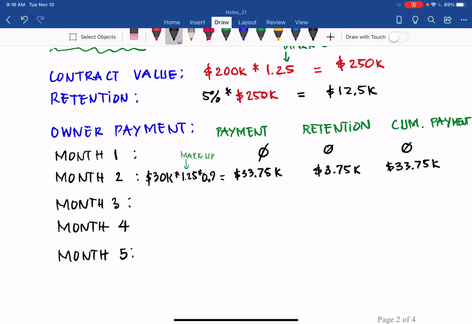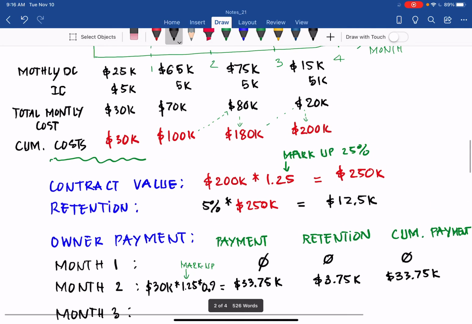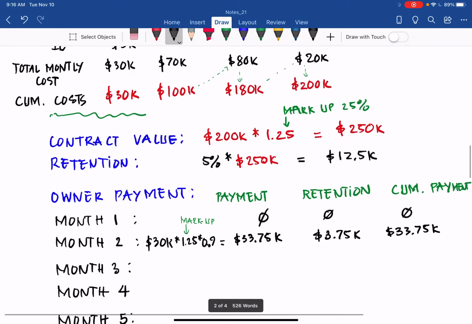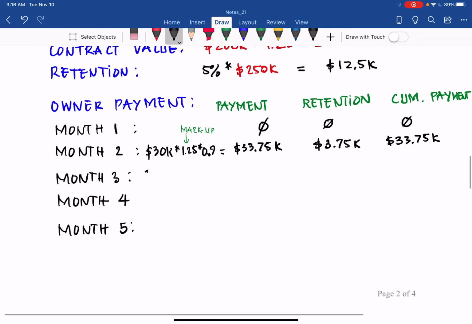And then we continue for month 3, which is the cost that the contractor spent on month 2, 70,000. So you have 70,000 times the markup, and of course times 90%, because the retention is 10%.